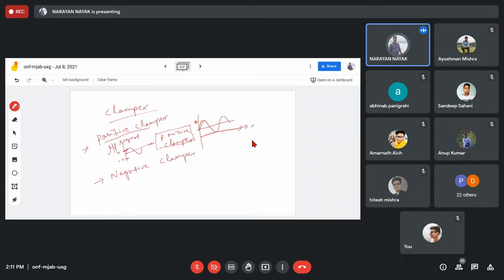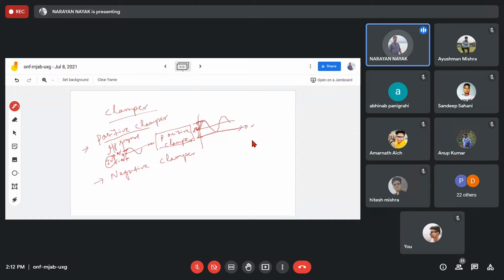So the peak to peak value is 2 volt. Above the zero level you get 2 volt; this is 1 volt and this is minus 1 volt. If you consider V, this is minus V, so the total magnitude is 2V.